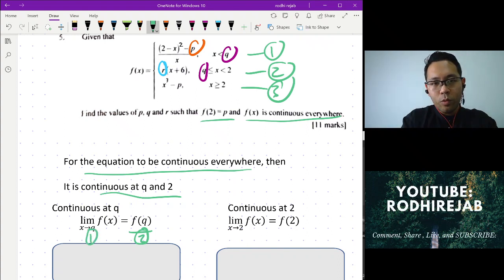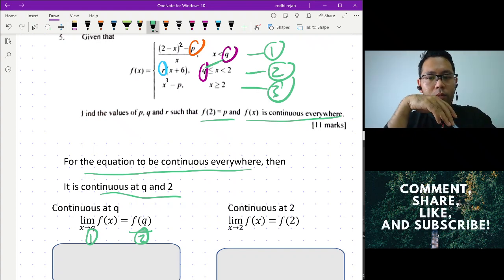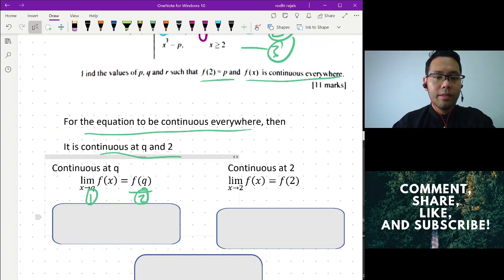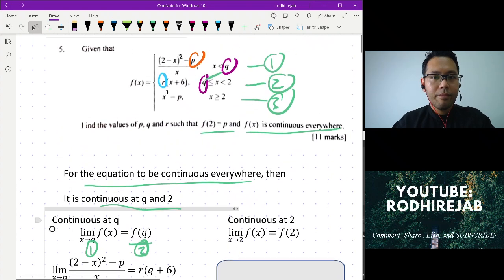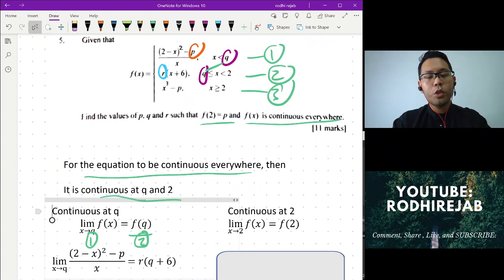I mean, you need to look at which ones have the Q. Only equation 1 and 2. Equation 3 does not have any Q. Okay? So we can continue, and then we just substitute the value there. You got that. I'm just replacing those equations.